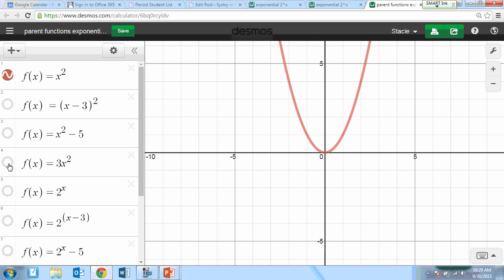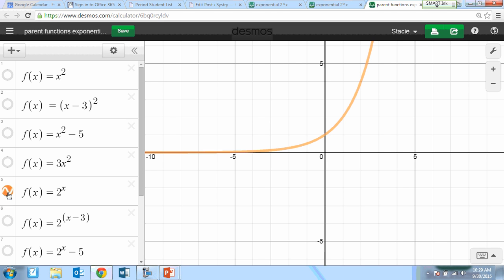So what do you think is going to happen with 2 to the x? If I take away 3 from x, the exponent itself, what's going to happen? Everybody agree?